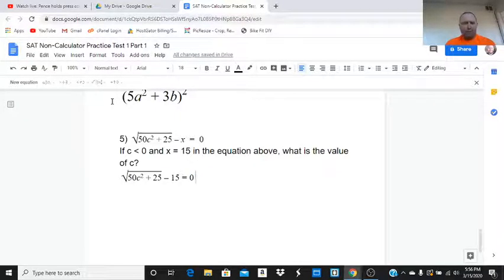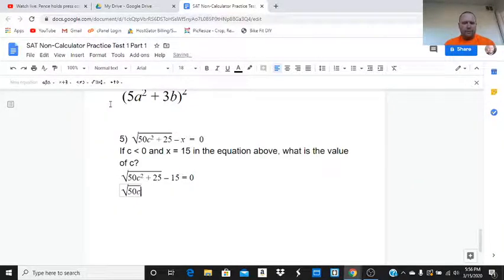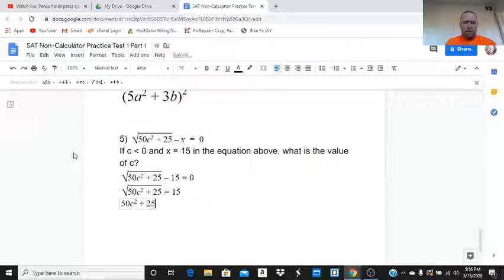Okay, first thing we want to do, we want to move the 15 over to the other side. So we add 15 to both sides. Square root of 50c squared plus 25 equals 15. Now we want to get rid of the square root. So to do that, we have to square both sides. So that's going to be 50c squared plus 25 equals 15 squared, which is 225.